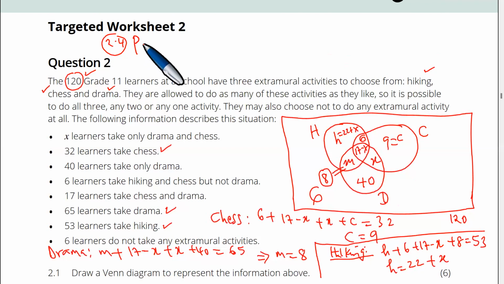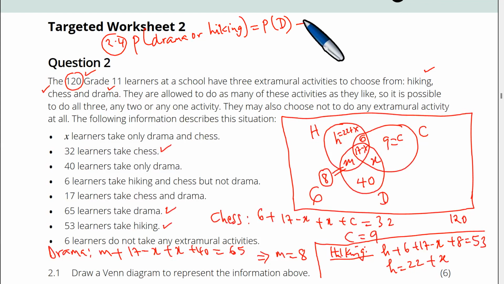The probability of drama or hiking is the same as the probability of drama plus the probability of hiking, you can write like that, minus the probability of drama and hiking.